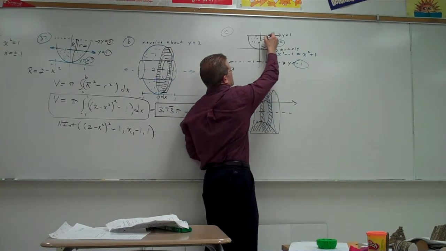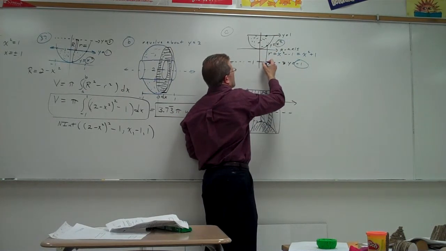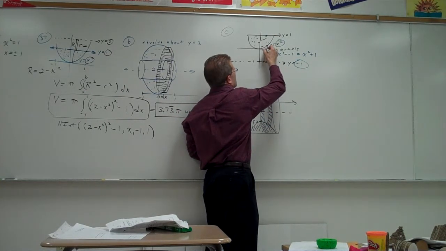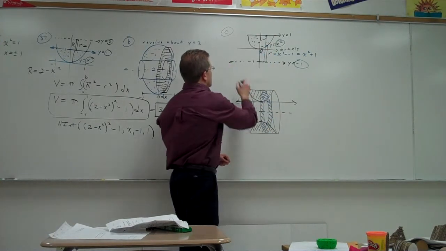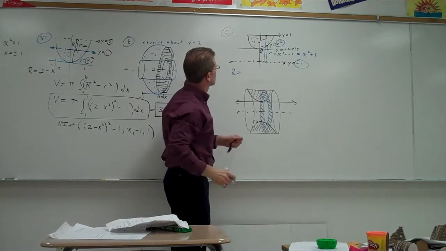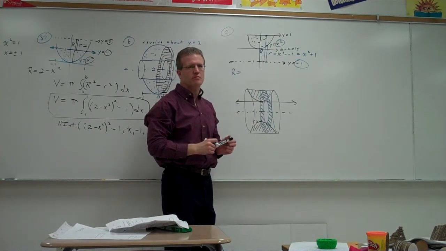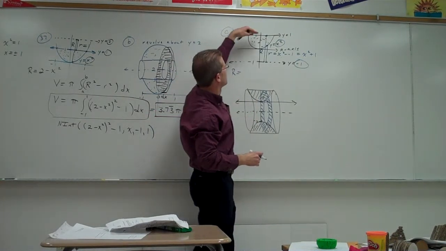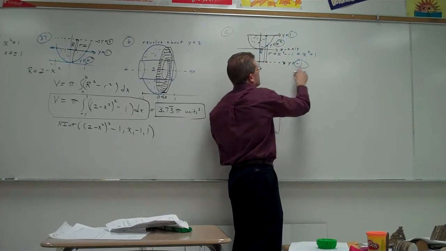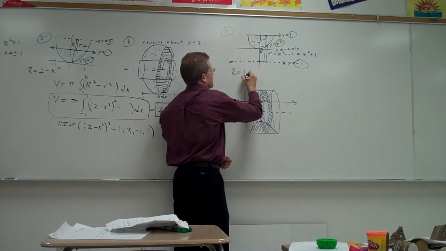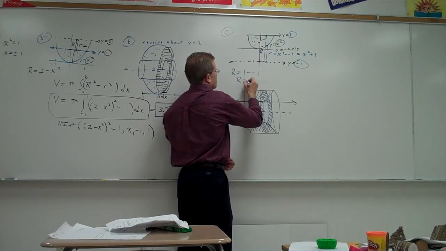Next, your big radius is going to run from the axis of rotation to the furthest curve. So our big radius, let's write that down here. It'd be what minus what? 1, my top curve, minus negative 1 here. So 1 minus negative 1 would be 2.